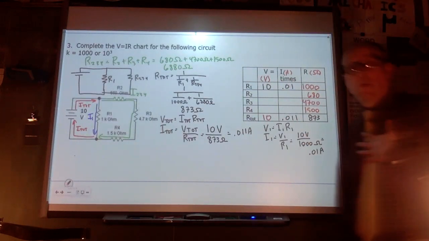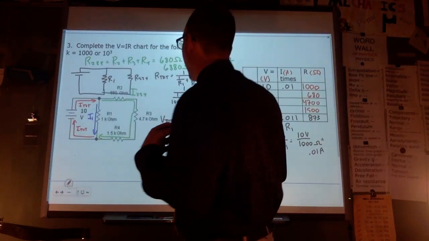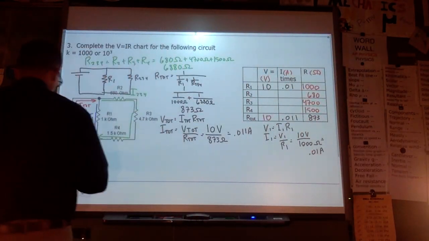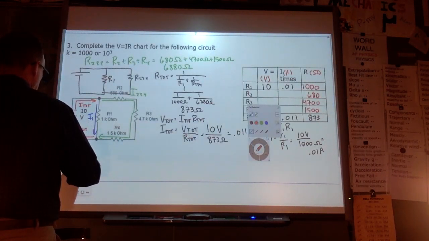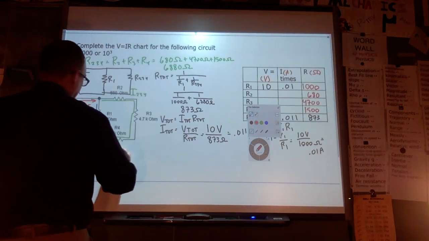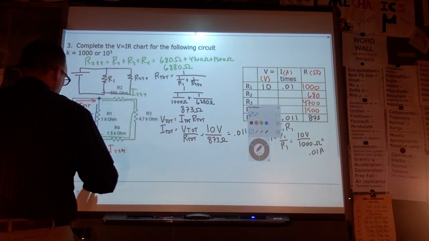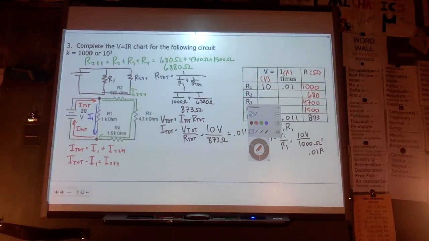All right, so how will I find out how much current goes in the other path? Well, I know that my total current, my I total, has to be equal to I1 plus I2, 3, 4. So I total minus I1 is equal to our missing current that goes through 2, 3, and 4.